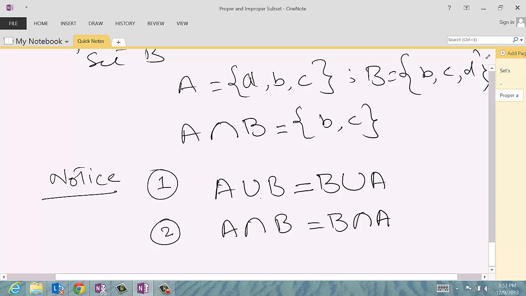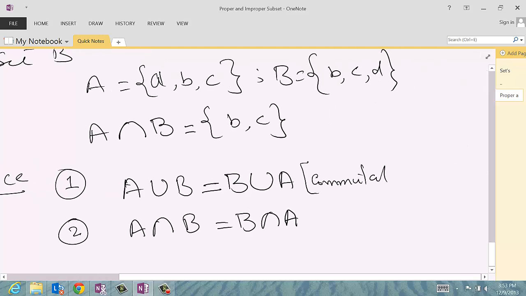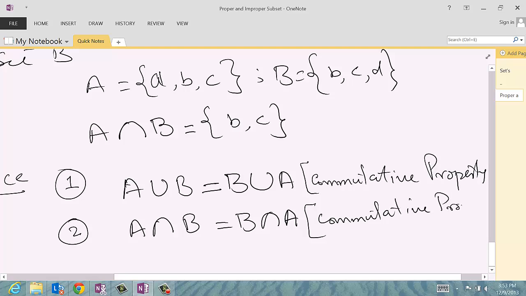If the order of operation doesn't matter, then the property is called the commutative property. You can see that union is commutative in sets, and intersection is commutative as well.